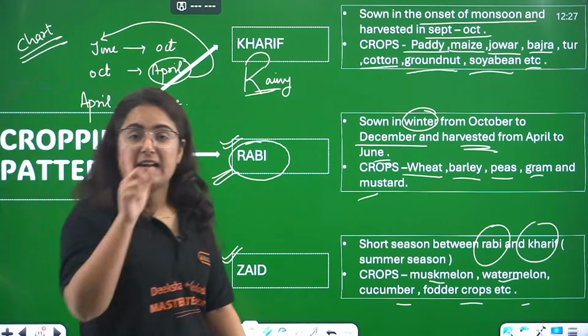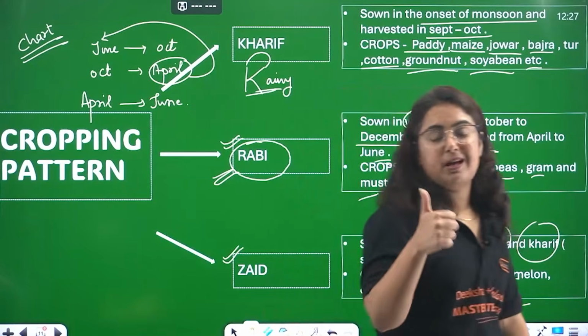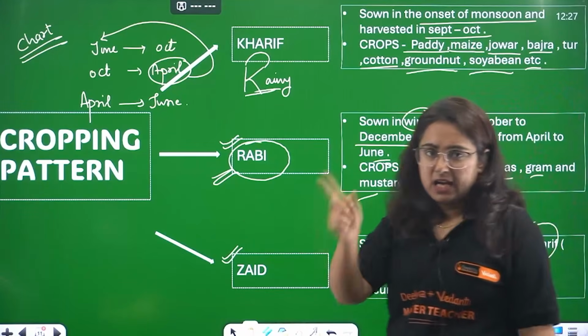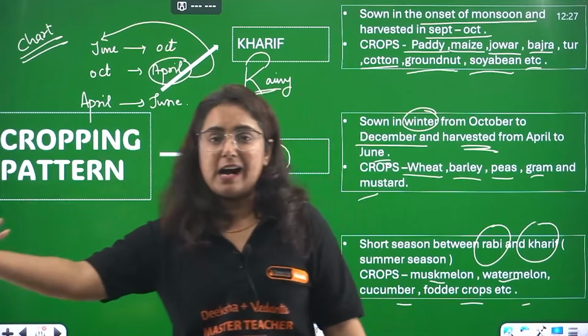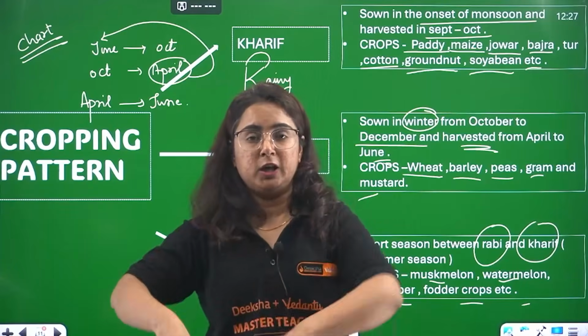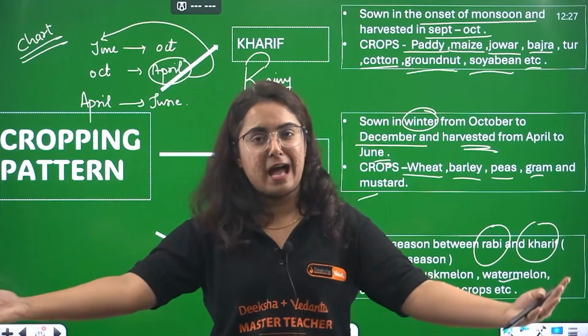Okay? Again, let us revise. How many cropping patterns are there in India? Three. Kharif, Rabi, Zaid. Kharif: rainy season, harvesting in October. Rabi: sown in winter and harvested in April.